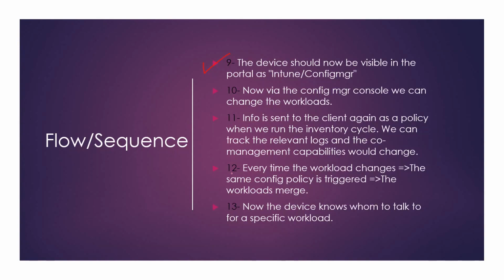So every time the workload is changed, the same config policy is triggered. The workload merges, as in the old value is stripped and the new value is populated. Depending upon the workload, the device understands where it needs to go to get a policy. For example, if the workload for compliance is set to Intune, then the device will get that config policy from SCCM.